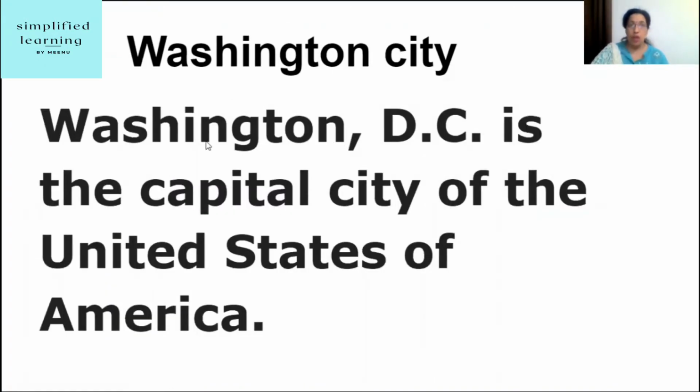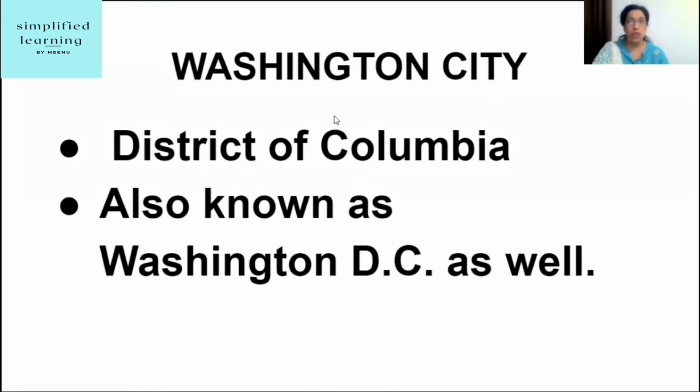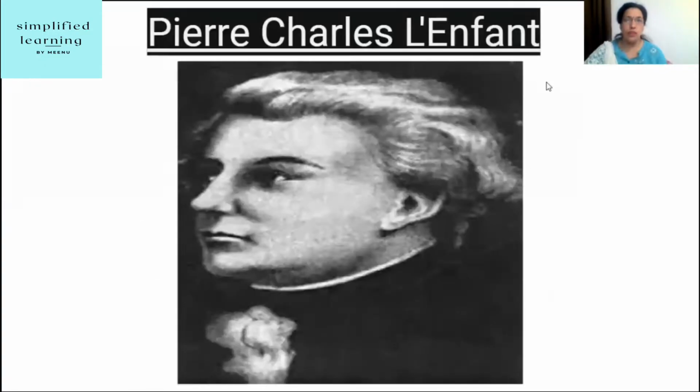Washington City or Washington DC is the capital city of the United States of America. Now what is the meaning of DC? District of Columbia. Also known as Washington DC. The short form of District of Columbia is DC. Now look at this picture. Who is this person? Yes, Pierre Charles L'Enfant.